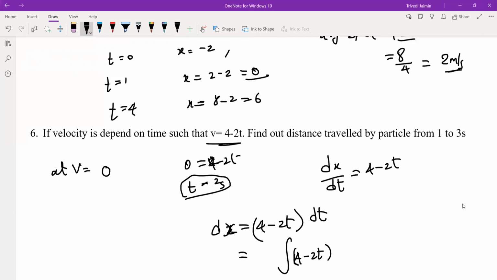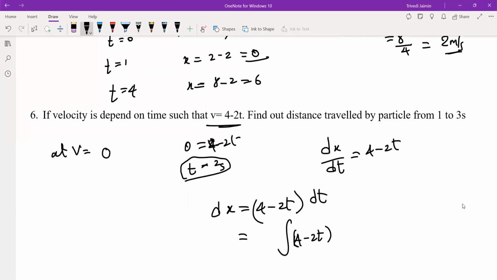Are you able to understand? Yes, sir. So the limits will be here. What will the limit for this one be? It's moving from 1 to 2, then 2 to 3. So integral from 1 to 2 plus integral from 2 to 3 of (4 minus 2t) dt.